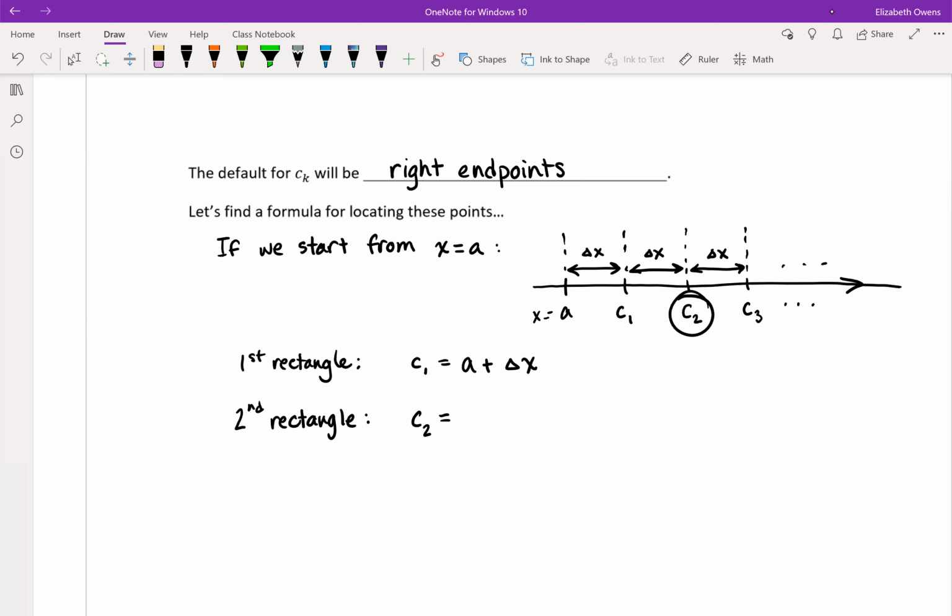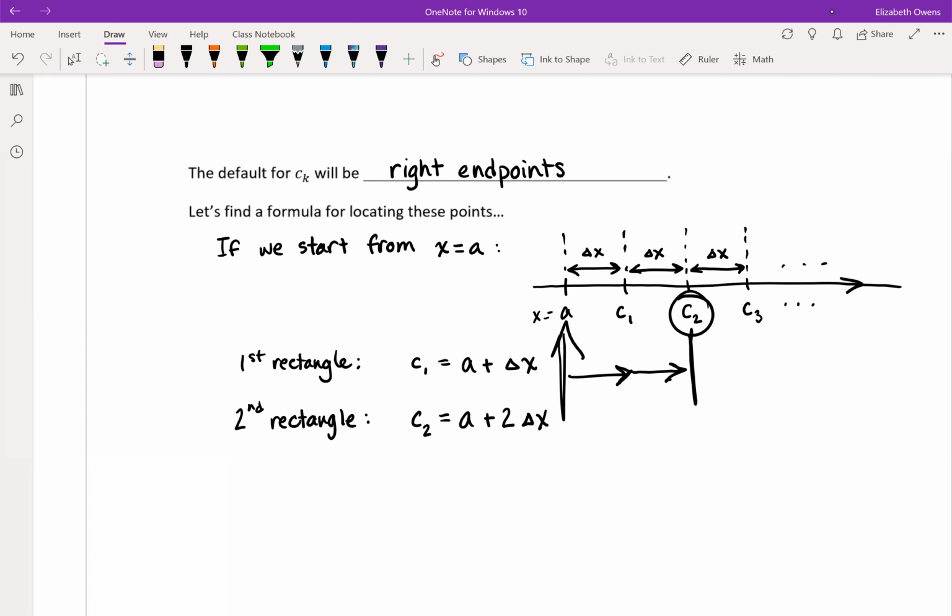So if you start from x equals a, to get to C2, you're going to have to move over delta x units and then another delta x units, and that'll bring you to the x coordinate for C2. So that would be a plus 2 of these delta x distances.